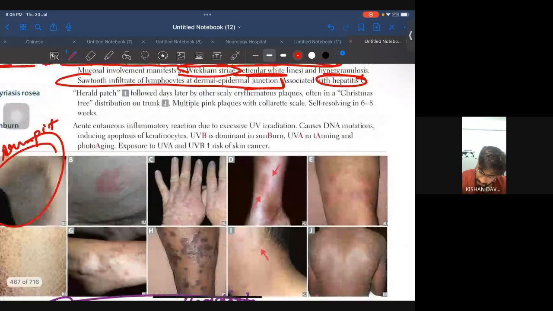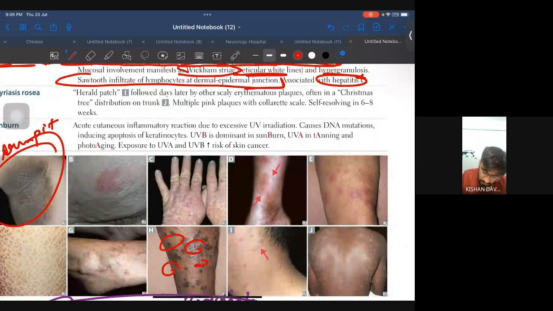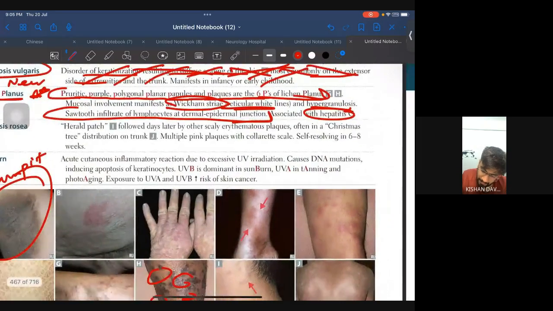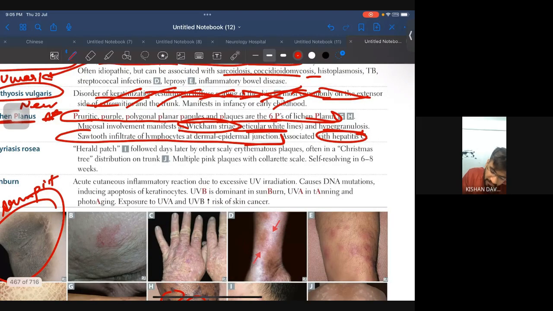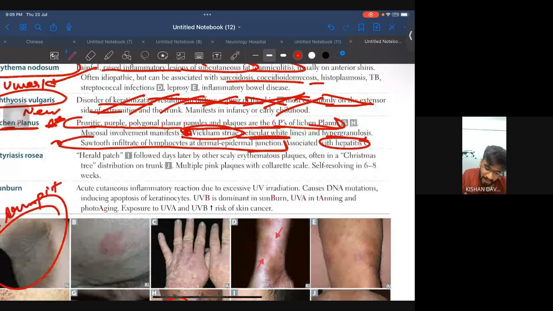This is papular, purple, everything. Okay, so this is what you need to remember: sawtooth infiltrate, Wickham's striae, and all these 6 P's. Okay, easily it will come; they will tell you polygonal, purple in color, it is pruritic, and what else can be seen. So you can say Wickham's striae or sawtooth infiltrate.